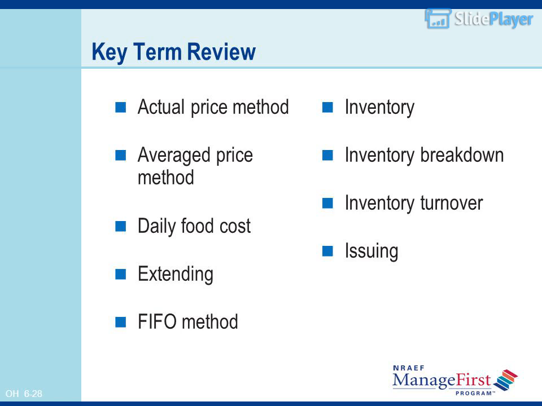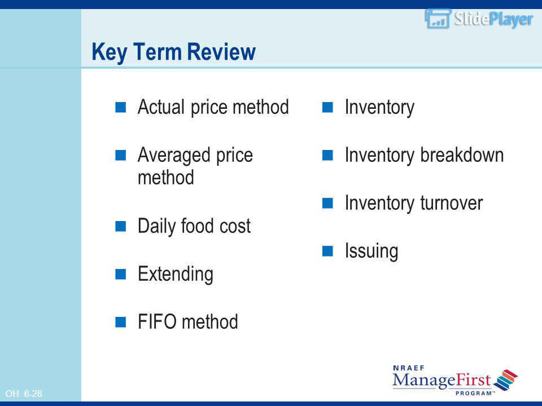Daily food cost: estimate of food cost based upon requisitions, transfers, and sales. Extending: multiplying the number of units of a stored item by that item's unit price. FIFO method, first in, first out: inventory valuation method that uses the latest price paid for an item to value inventory and that requires older products be utilized before newer products.